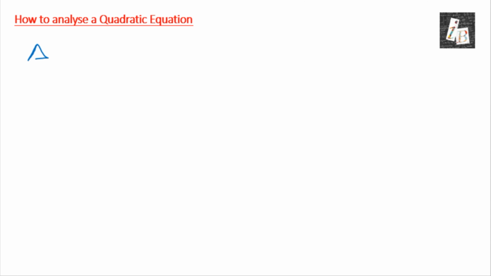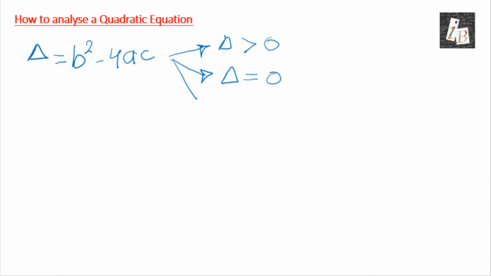And as we know, the discriminant delta is equal to b squared minus 4ac, and it has three cases. The discriminant could be bigger than 0, or equal to 0, or less than 0. Now we will talk about how the graph will look like in every case of the three.